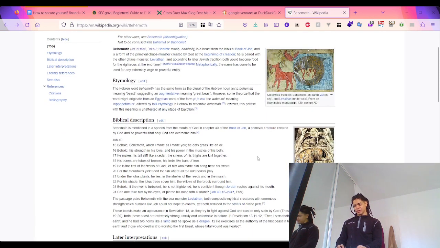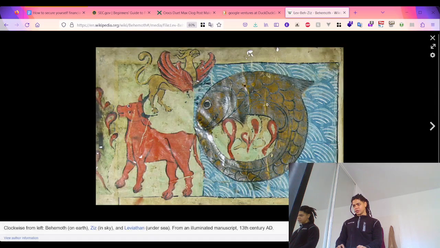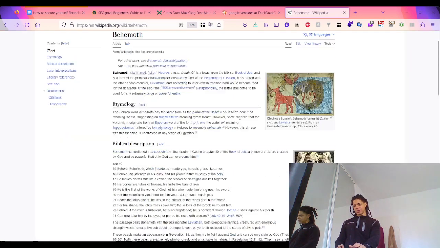Behemoth on earth, sky, and Leviathan under sea. They are the same name of all of that demon. Behemoth.